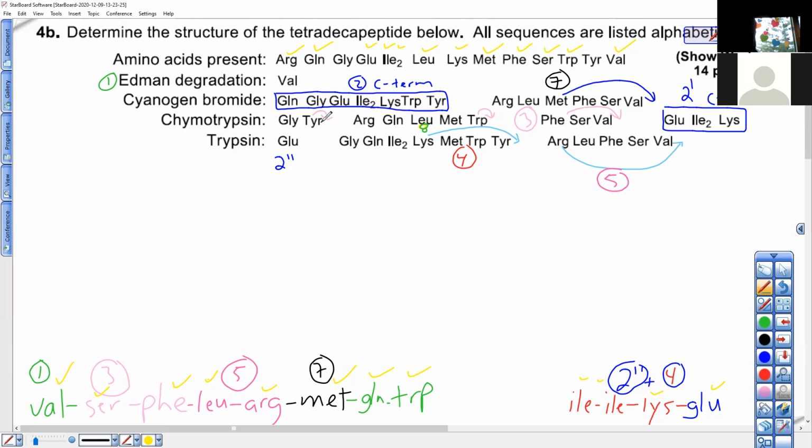Look, Tyr's after Gly. And this was our 8 here, and our 9. And there's no reason to say this had to be the order we did our reasoning either. 9 is Gly-Tyr. Puzzle solving 101.